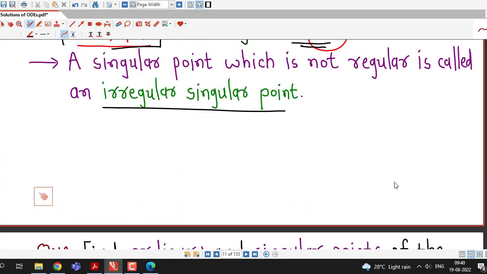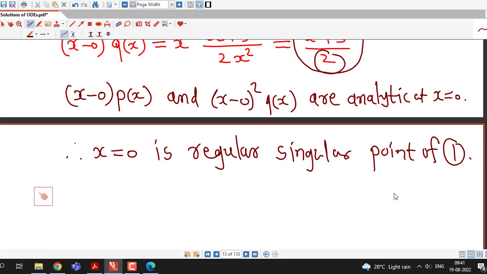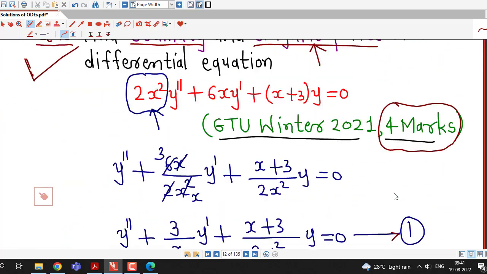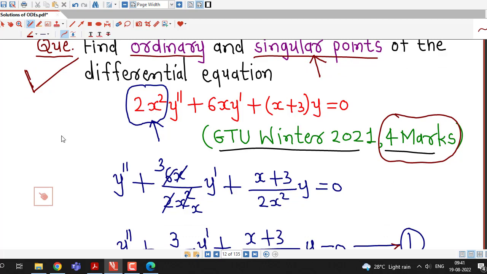So remember these definitions about ordinary and singular points, and you can easily score a minimum of 4 marks for this type of question. Make sure that your differential equation first can be written in this form. Our definitions are for this form of differential equation.